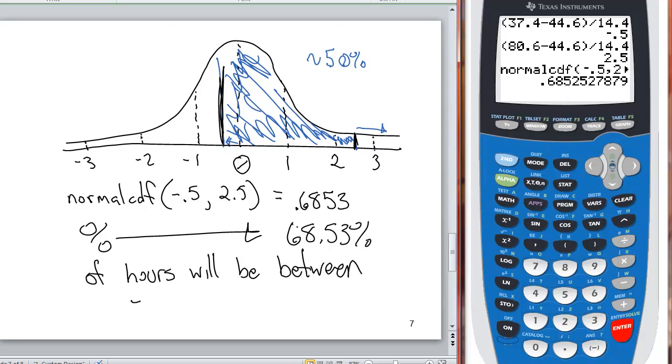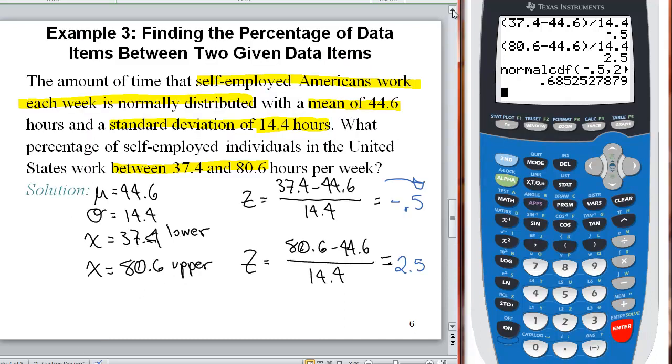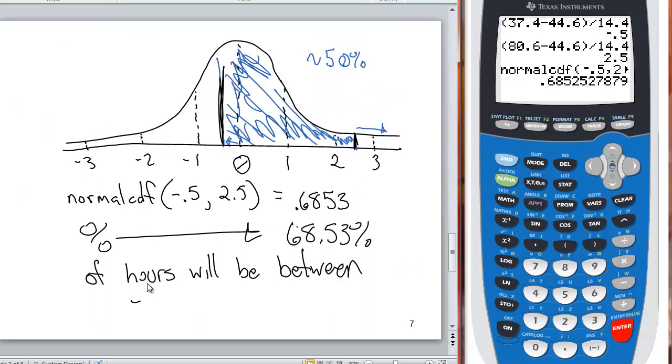Let's go back and look, because I forgot. 37 and 80, right? So between 37.4 and 80.6. They were right here. So this percentage of hours will be between those, and that makes us happy.